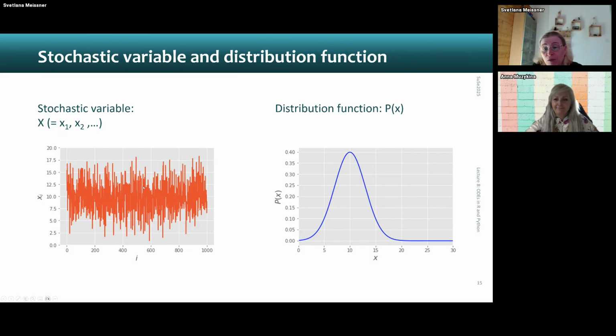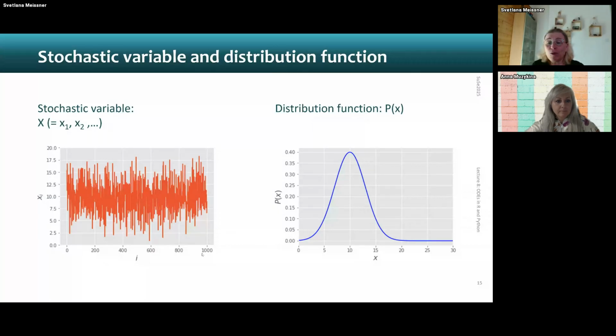Then if we plot this histogram, you see at the bottom how many numbers we have generated in this picture. It's 1,000 numbers. From this black box we ask, give us a number, 1,000 times.